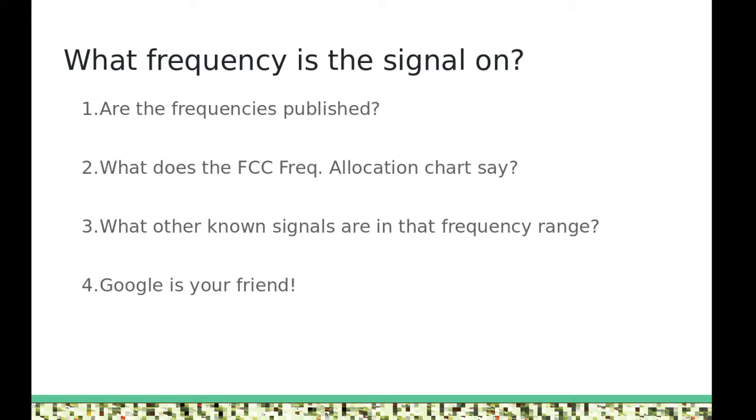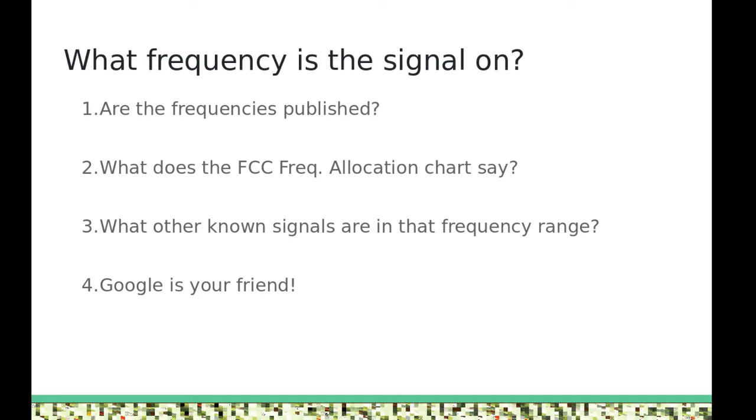The FCC publishes a bunch of stuff, including a nice chart, which I'll bring up in a moment. There are also databases online where you can type in what you're looking for, or the area that you're in, and it tells you, like, BWI is on this set of frequencies, Anne Arundel County Police is on this set of frequencies. A lot of that is public information.